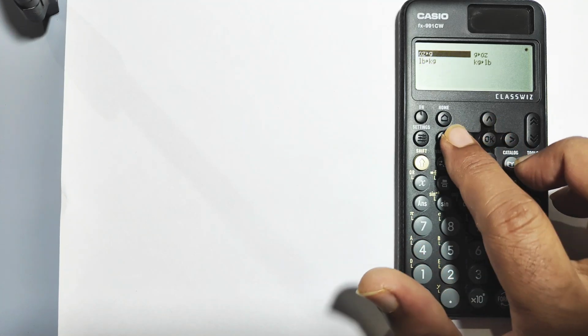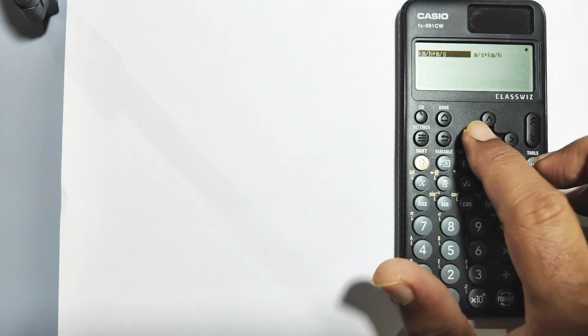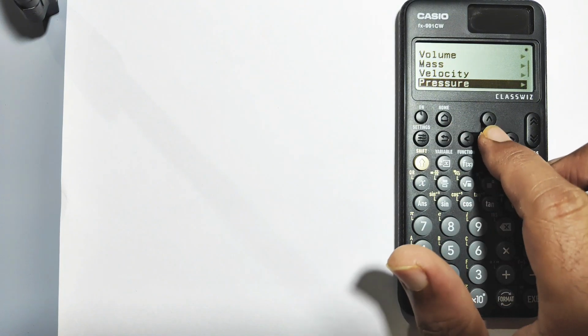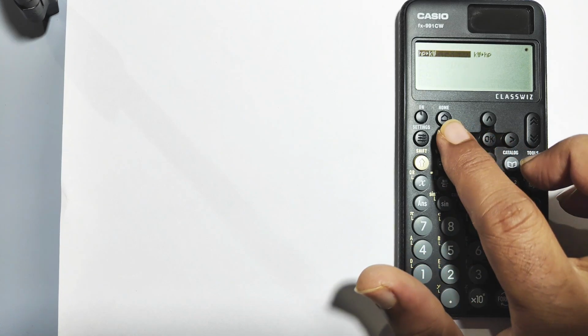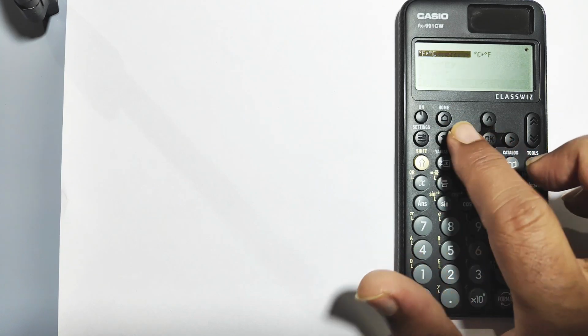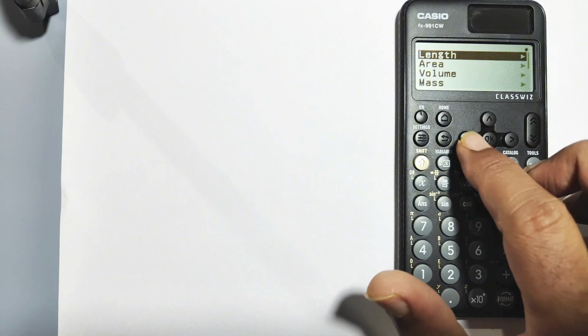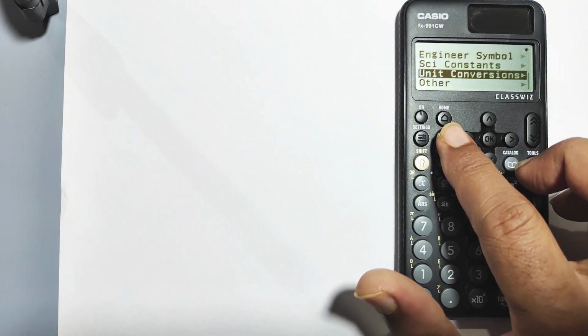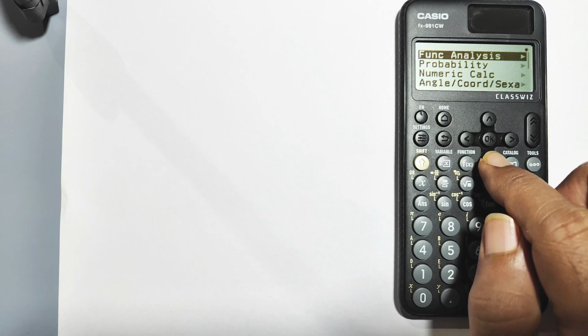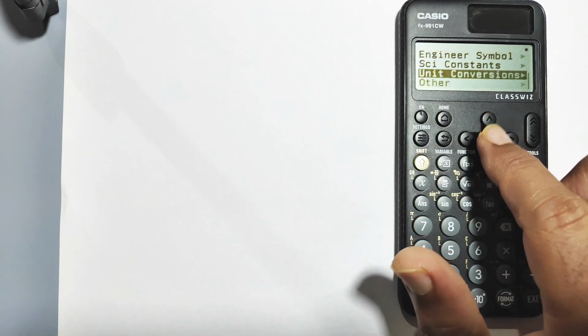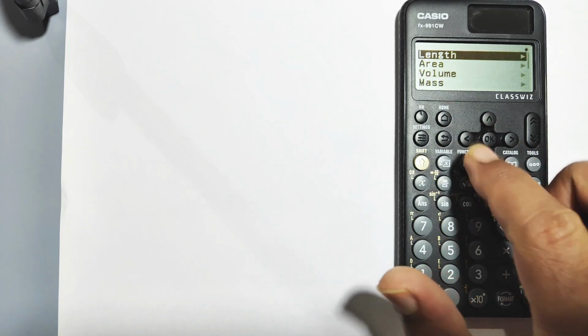Mass conversions are there. And velocity conversions are also there. Pressure conversions, energy conversions, power conversions, temperature conversions. Every unit conversion is there, right? So how to get into this? Press catalog and directly go to the last but one. It is unit conversions.